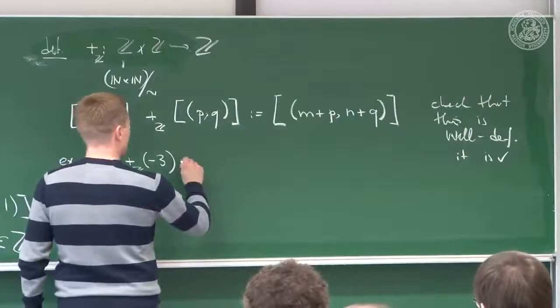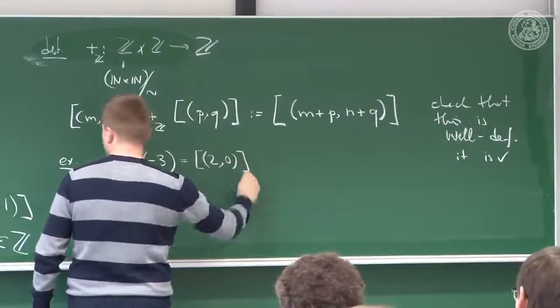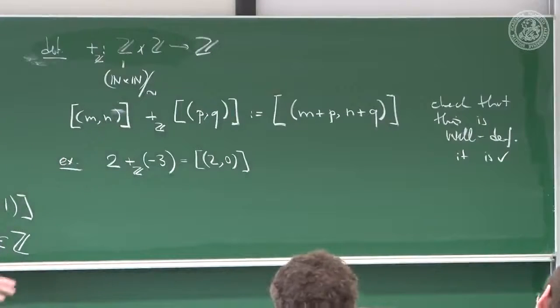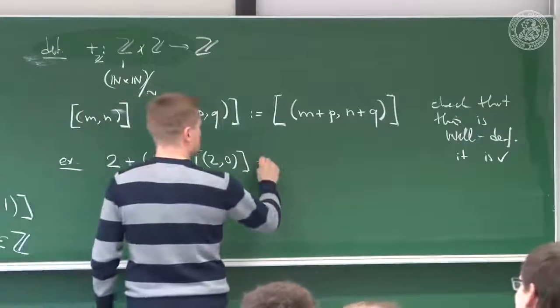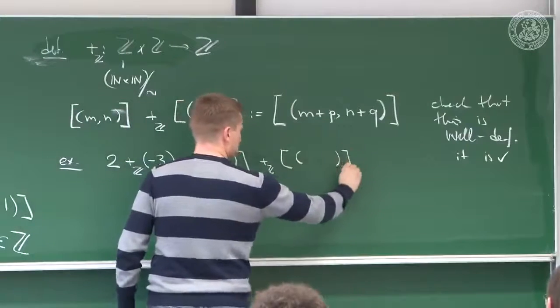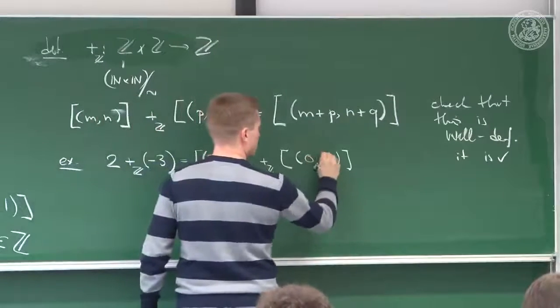So what is this? Well, the 2 in Z is 2, 0. It's this rule here. I could have written 3, 1. Okay, 2, 0. Then comes the plus in Z. Then comes the class represented by one representative of the class minus 3. Well, let's take 0, 3.